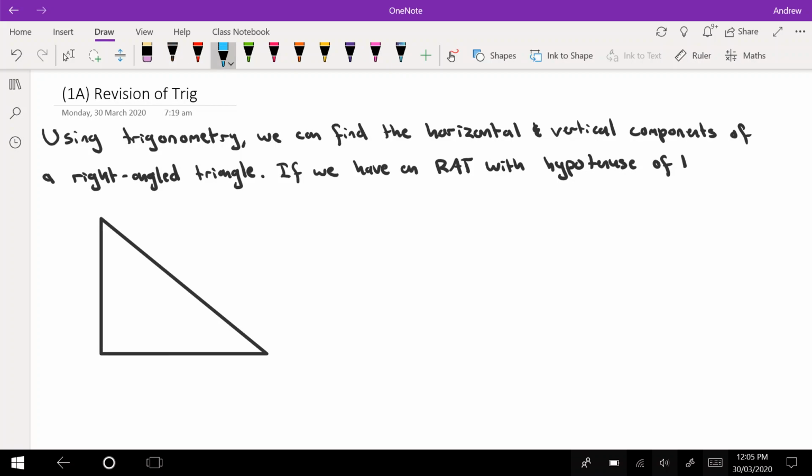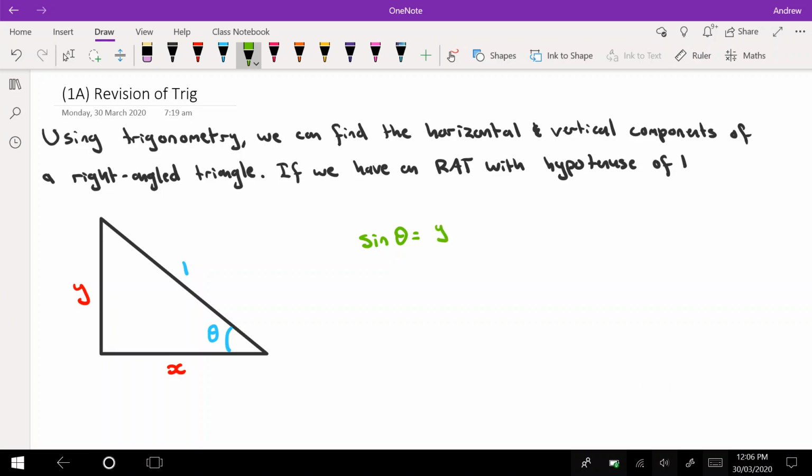We're going to call this angle down here, we'll call that theta. Then we have the hypotenuse of 1, we have a y over here, we have an x there. I'm just using that because x is usually my horizontal axis, y is usually my vertical axis, and so I'm going to keep it like that. Okay, so I could say that that distance y, well, I can find that using trig ratios. I know that the sine of theta is equal to the opposite, which is my y, over my hypotenuse, which is 1.